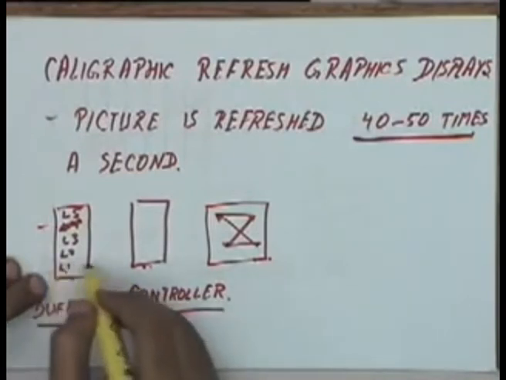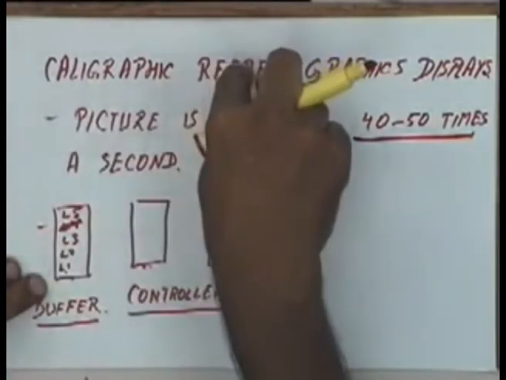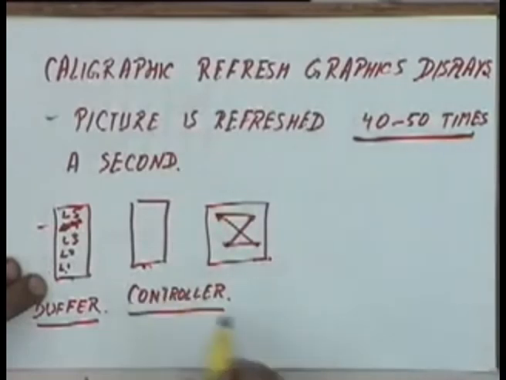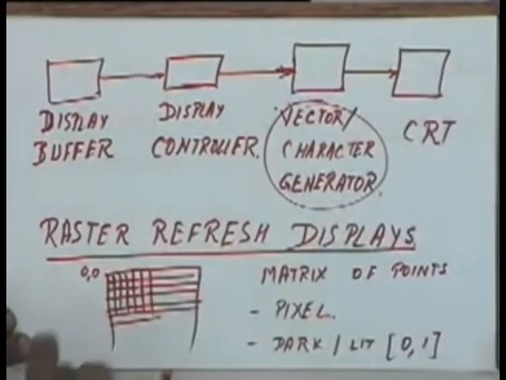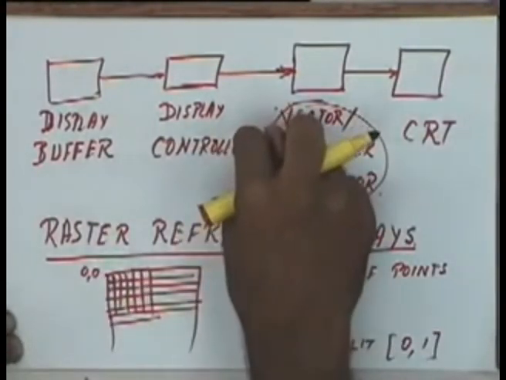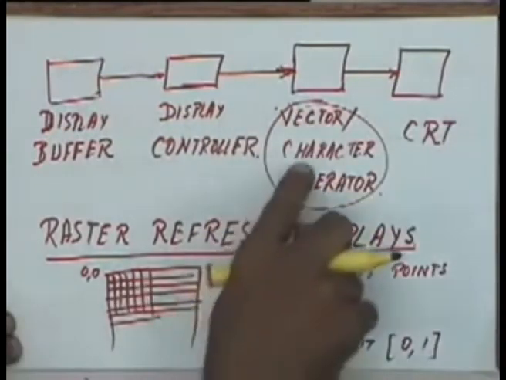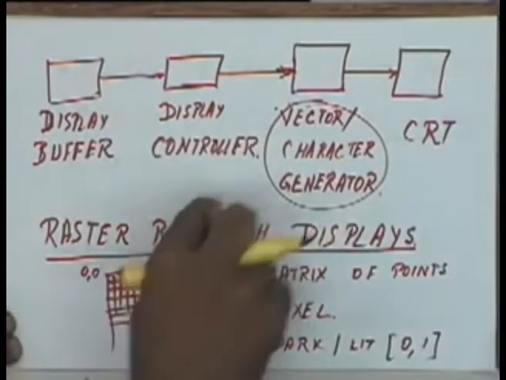He just writes down the details of the line. This is the starting point, this is the end point. The rest of it will be taken care of by the vector generator. If I say that my line is starting from one point and ending at a second point, my vector generator will give the instructions to the gun to move from that point to the second point.